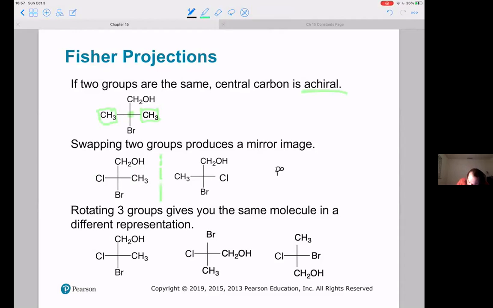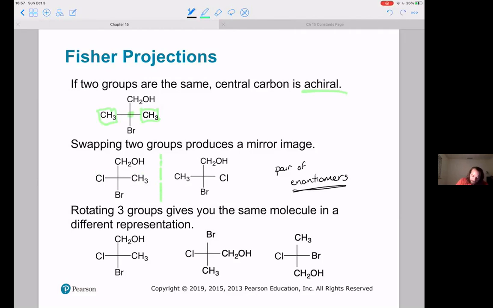This would be a pair of enantiomers. Remember, enantiomers were that special vocab word we had for a pair of mirror images. So we can spot a pair of enantiomers in our Fischer projection if any two groups are swapped. And again, it's almost always going to be these middle two here, but it could be any of them.